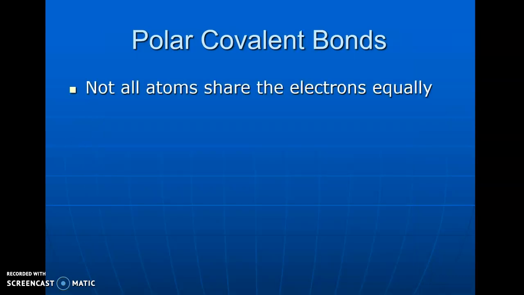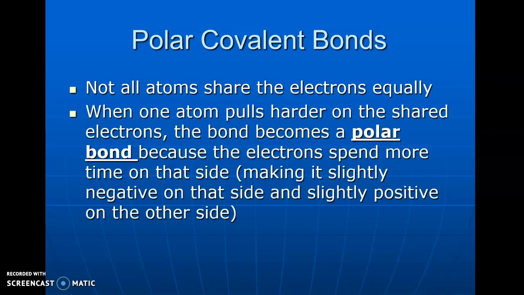But when atoms share electrons and they're not playing nice, they're not sharing equally, then we have something called a polar covalent bond. Because one atom is usually a little bigger, a little stronger, has a little more pull on the electrons, the electrons then spend more time with that atom than they do with the other atom in the bond.